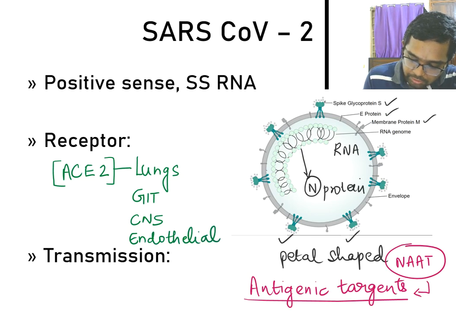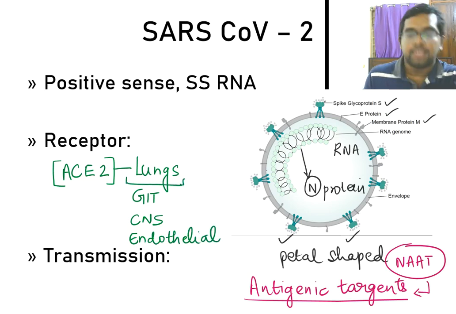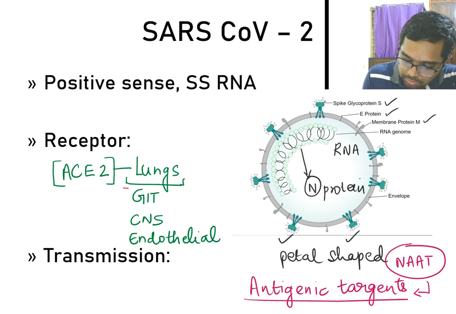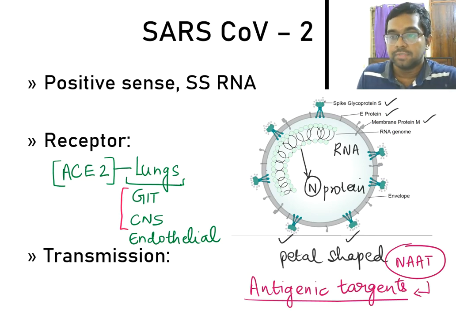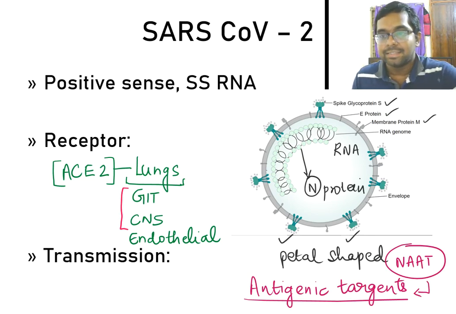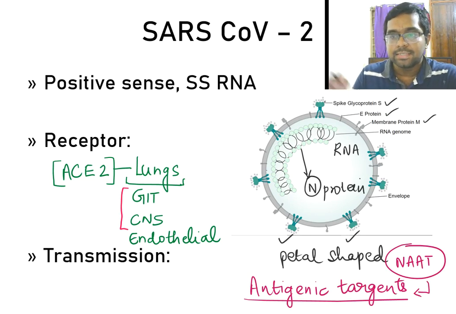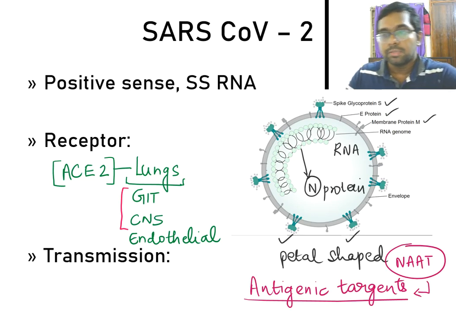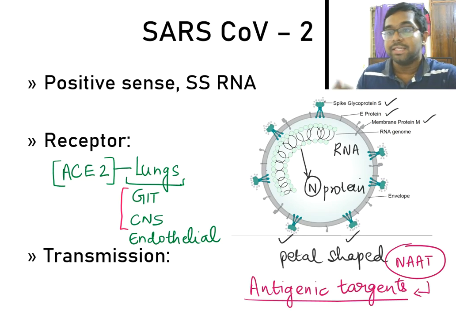The most important area, of course, which every one of you will remember, is the lungs, but it is also present in the other areas. Especially in children, you need to know about the GIT and CNS expression of these receptors, because it is said, and I'll come back to that point a little later, that there is an alteration in the expression of ACE receptors in children compared to adults. So some children may have more receptors in the GIT and CNS, which is why they may present with gastrointestinal or central nervous system features rather than respiratory manifestations.